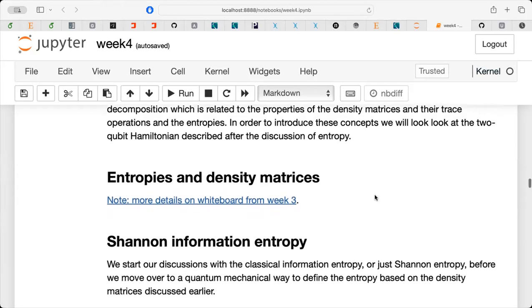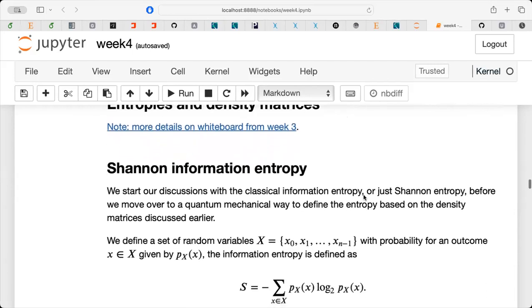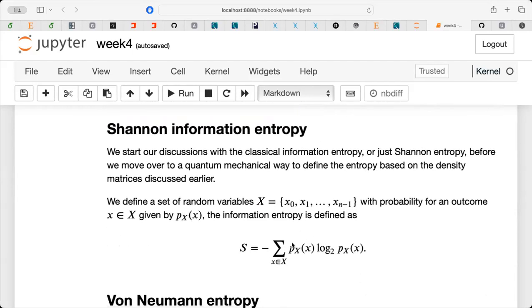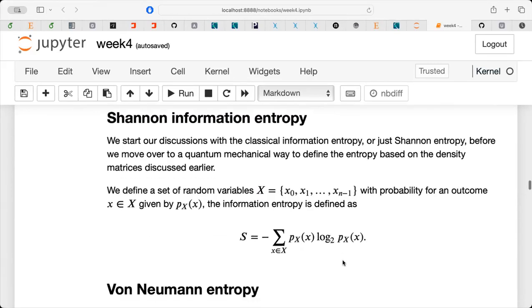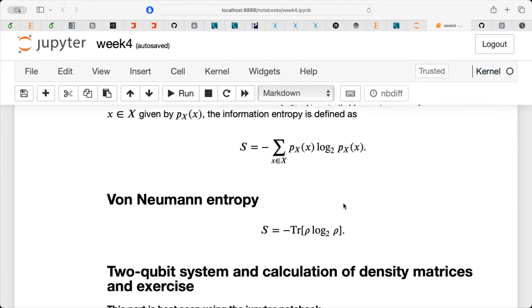So one of the things which we discussed last week, and I just remind you of the derivations of that, was the Shannon information entropy, which is given in terms of the probabilities. And then we want to make a quantum mechanical equivalent. And as we demonstrated last week, the kind of equations which we are going to look at as a measure of entanglement is the so-called von Neumann entropy.